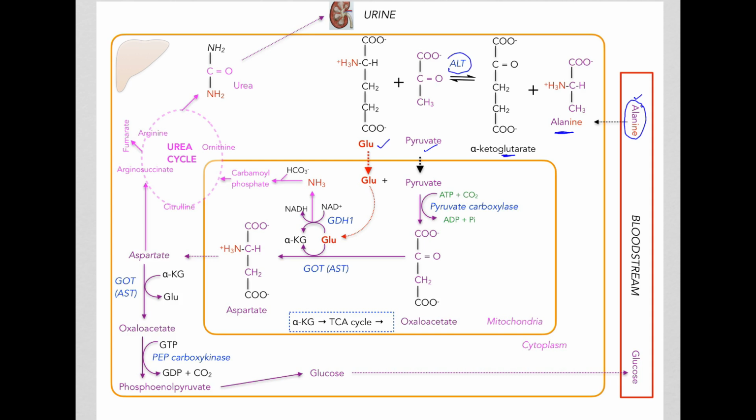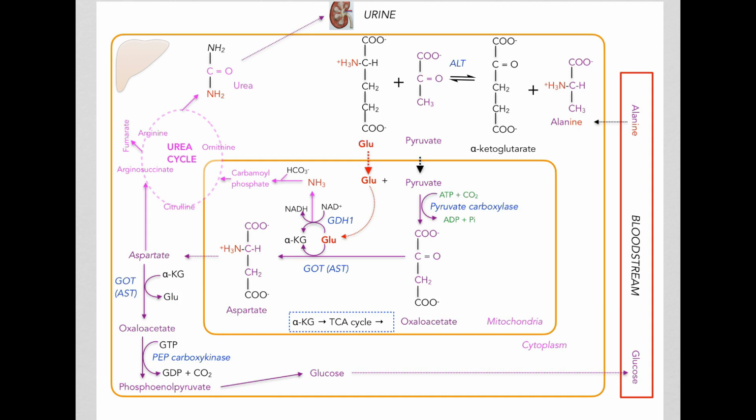And this is a transamination reaction catalyzed by alanine transaminase. The pyruvate from the cytoplasm will be sent to the mitochondria, and the same thing happens to glutamate. So now we have glutamate and pyruvate in the mitochondria of the hepatocyte.